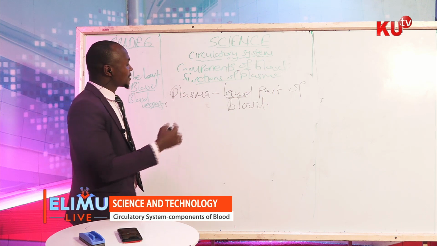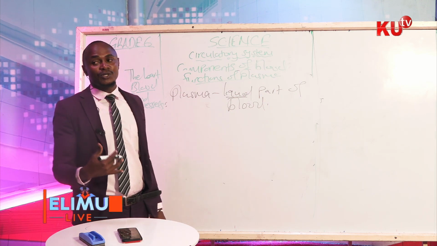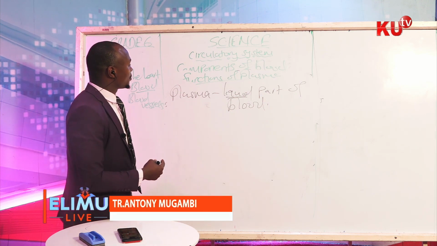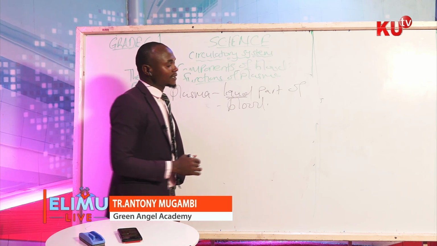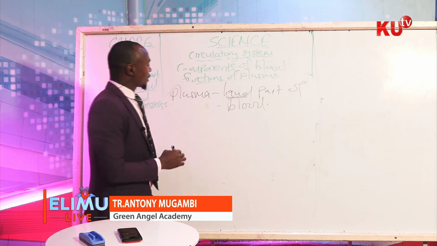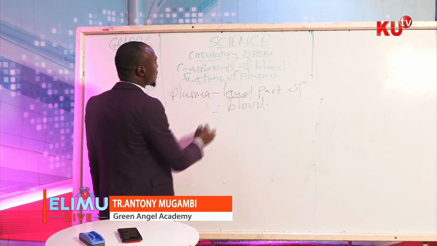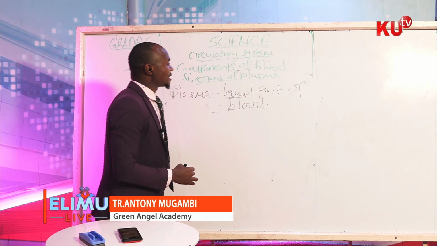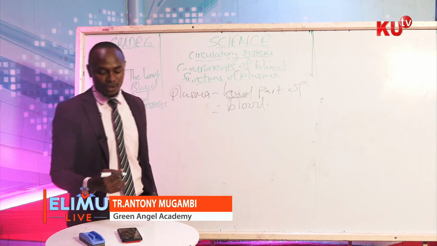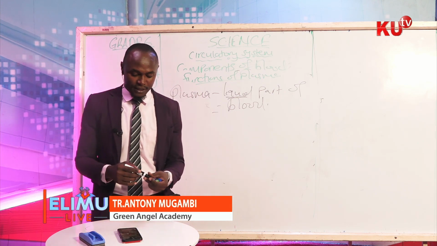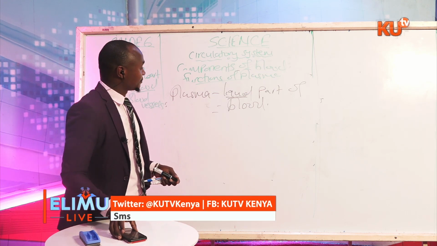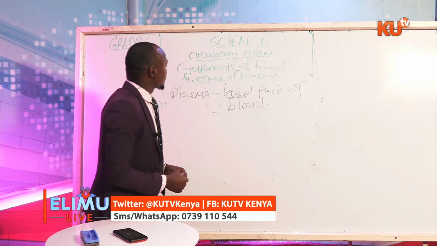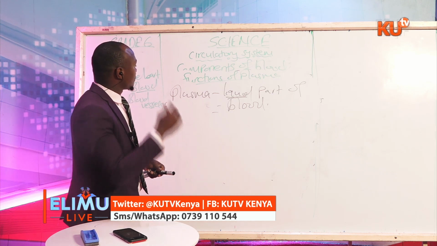We said that one of its functions is transporting other blood components in the body. With that, learners, don't forget that this is also the main blood component that we have, simply because the other blood components are within the blood plasma.